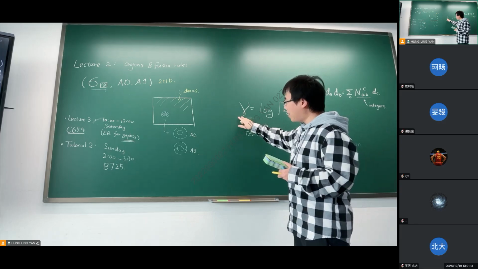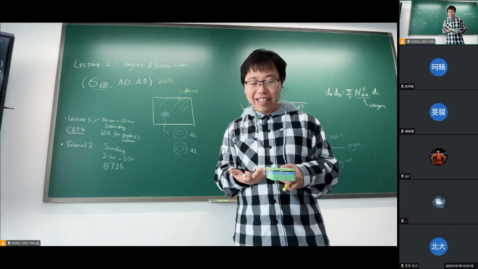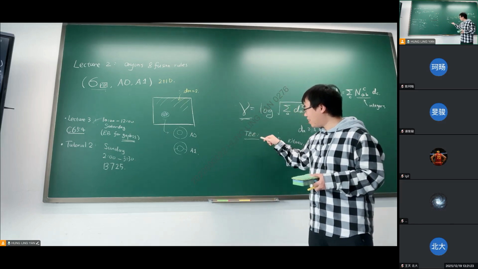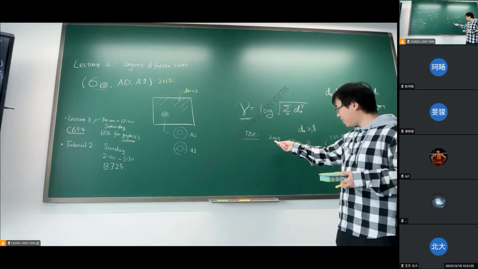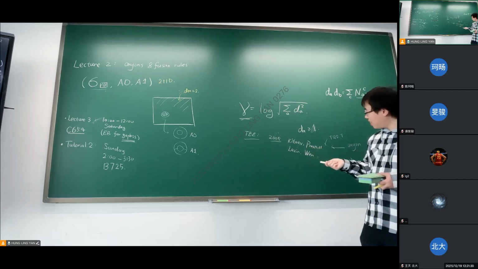So one thing we will be able to understand is the subleading term of the entanglement area law, famously known as topological entanglement entropy, which appeared in two papers in 2005 by two groups of authors.